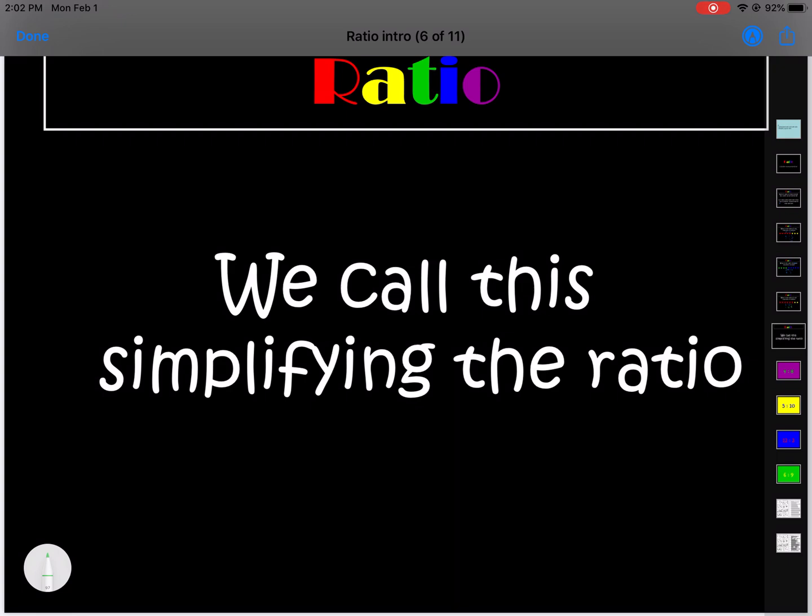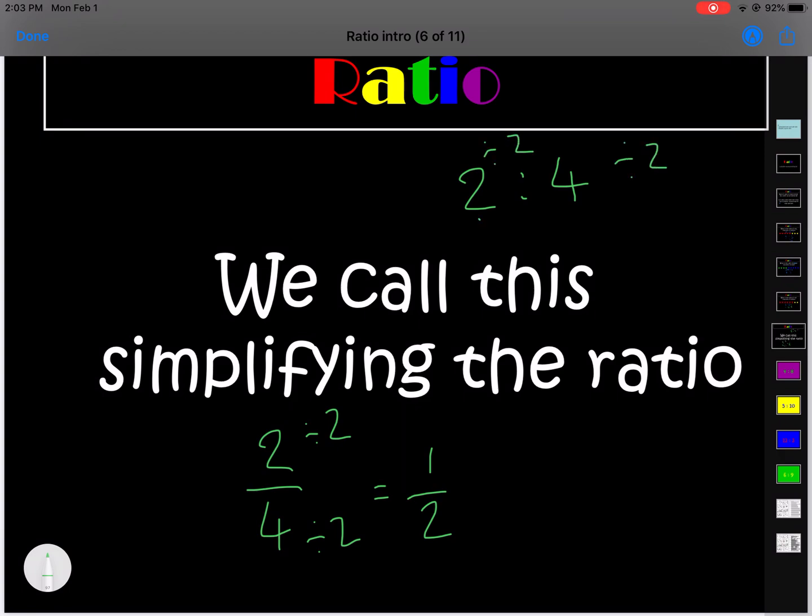And it works exactly the same as if we were to simplify fractions. So say we had the fraction 2 over 4. We could divide the top number by 2, divide the bottom number by 2, and get 1 over 2. We can do the same with ratios. Say we have the ratio 2 to 4. We can divide both of these by 2 and create the ratio 1 to 2.